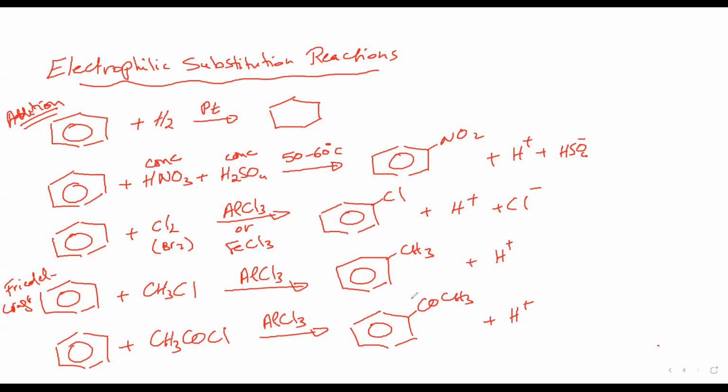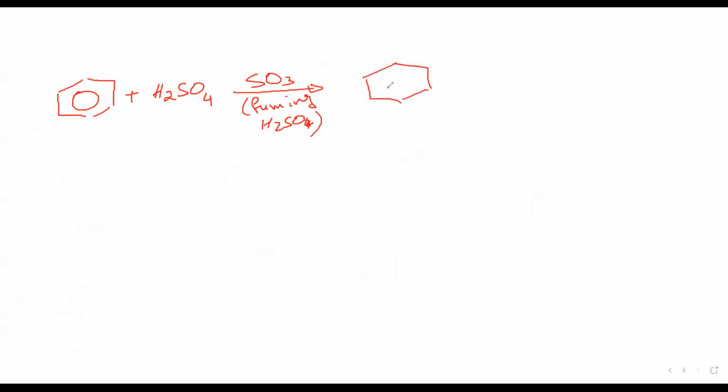Okay, the last one, which came many times in exams: if we react the benzene ring with sulfuric acid in the presence of SO3, which we call fuming sulfuric acid, containing SO3, we get what we call benzene sulfonic acid.